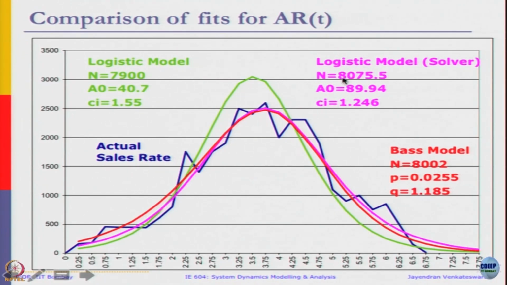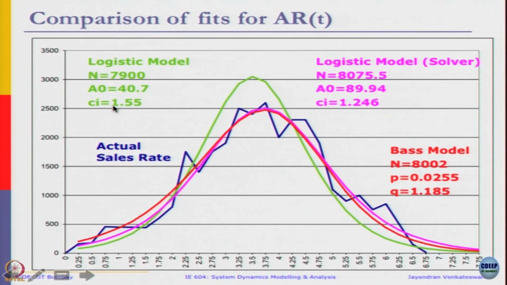So these are the values we got. N is 8075, A0 is 89, Ci is 1.24, and the Bass model is shown in red. The logistic Solver is in pink. This is in red color. This is the latest data that we just got, with N as 8002, P as 0.02 and Q as 1.18. So if you see, the Ci and Q are equivalent.